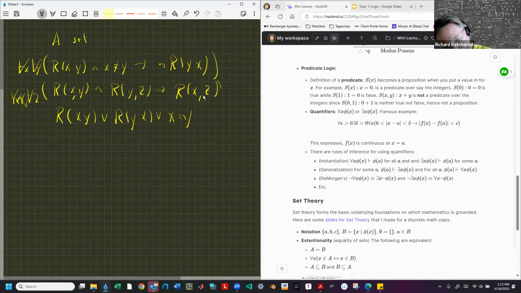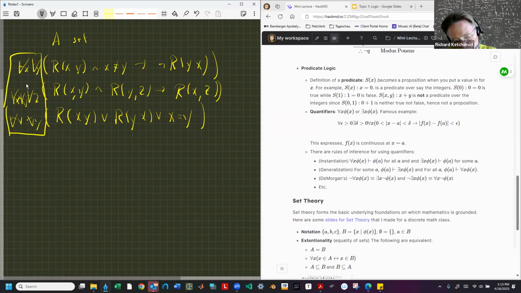I need a third one, because that had three variables. Here we have again for all x, for all y. So when we're laying out a definition or axioms, giving you a definition of something, those quantifiers are implicit.